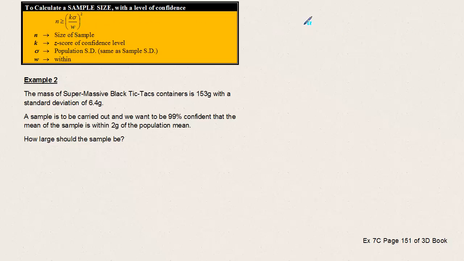If we rearrange what we did in question 1, let's just run through that. So we knew that the upper end for mu was x bar plus k sigma over root n, and this therefore gives us the distance from x bar to the upper end of our confidence interval.